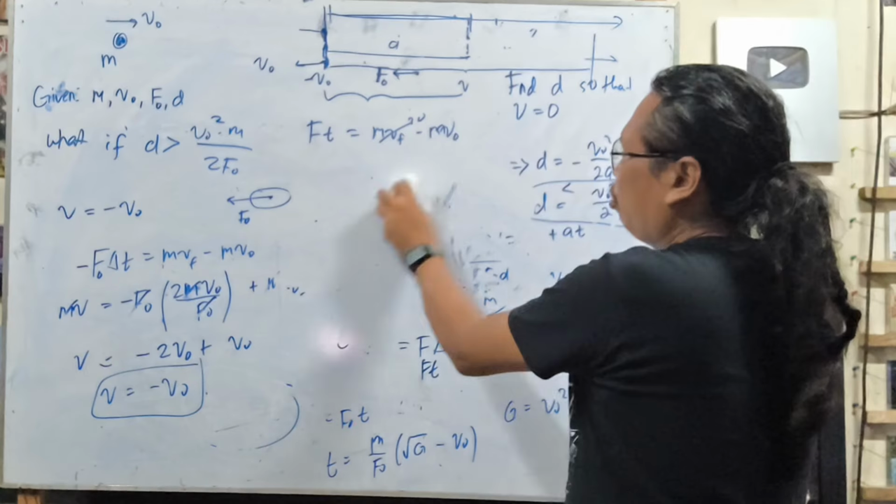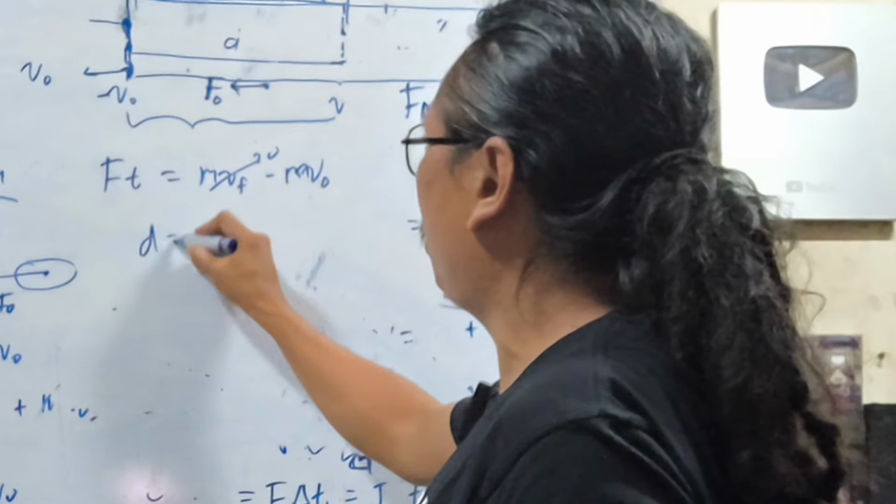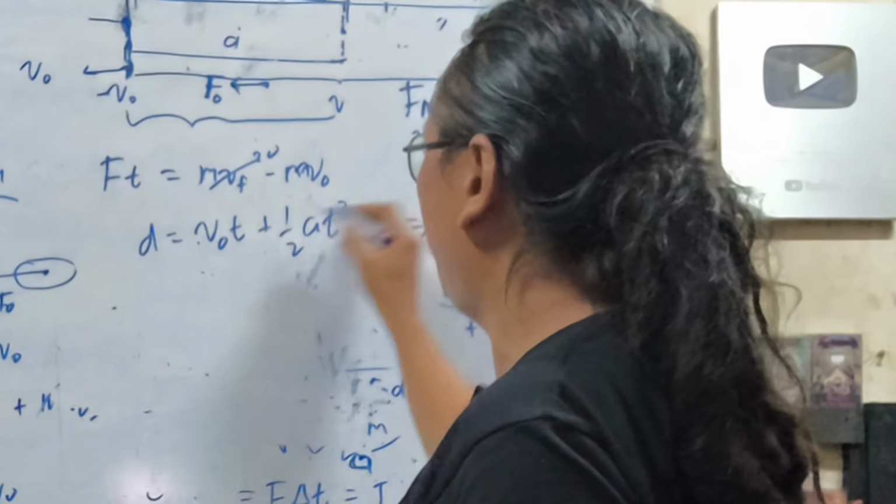So our formula for d is equal to v naught t plus 1/2 a t squared.